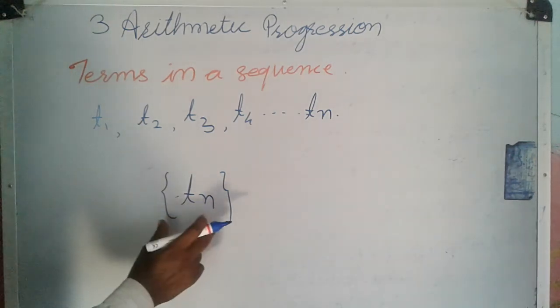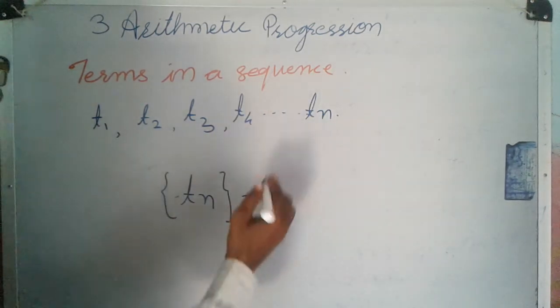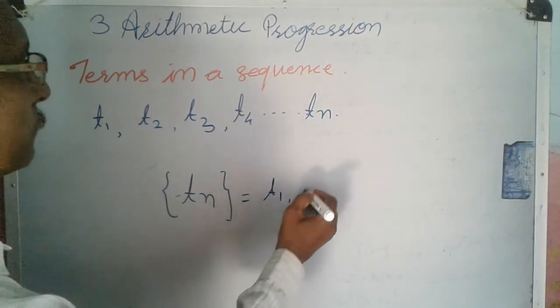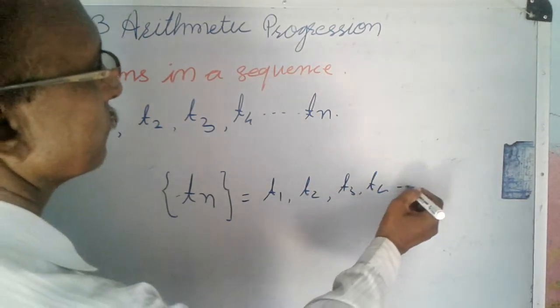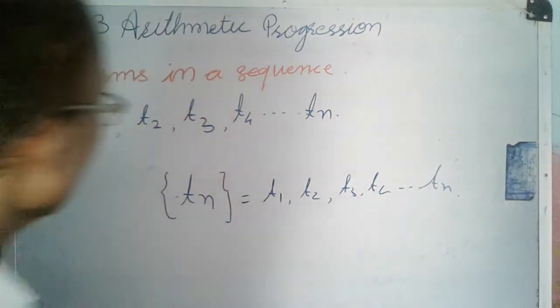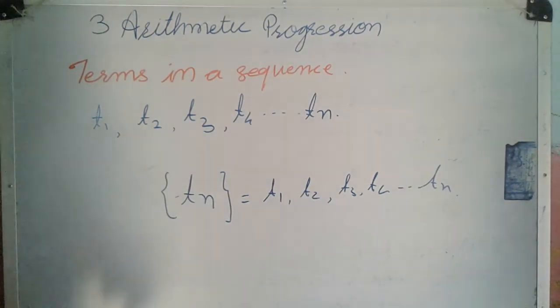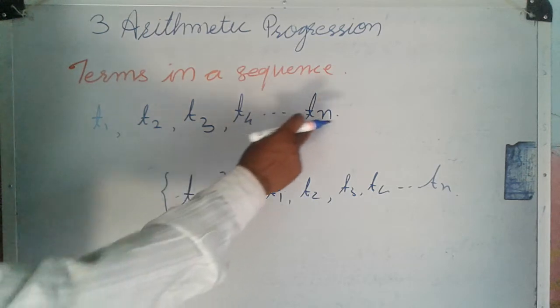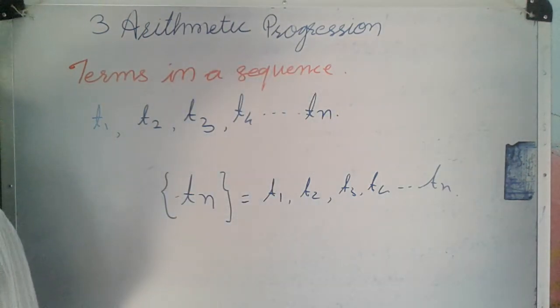That means this sequence Tn is equal to T1, T2, T3, T4 like that. In this way, these are called the terms in a sequence: first term, second term, third term, fourth, sixth, seventh, eighth, like that, nth term.